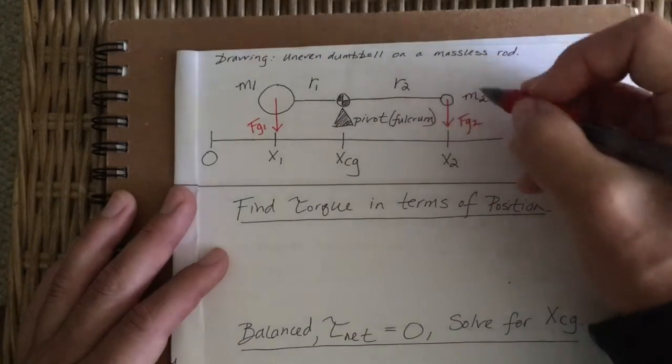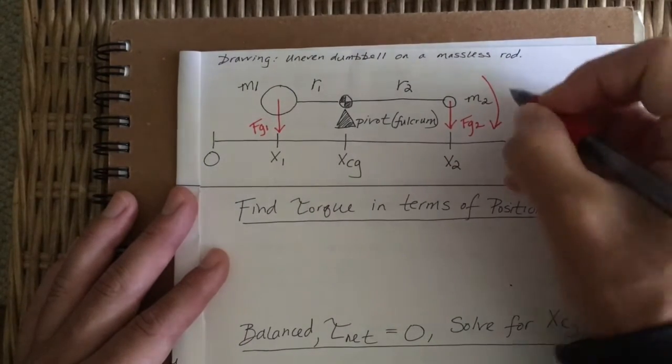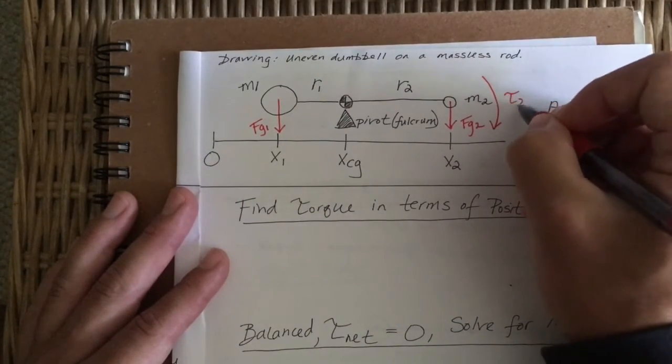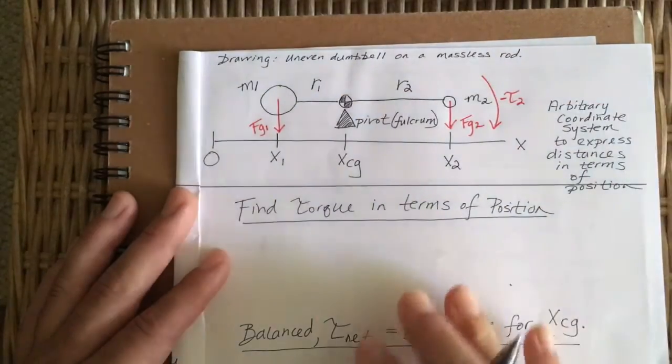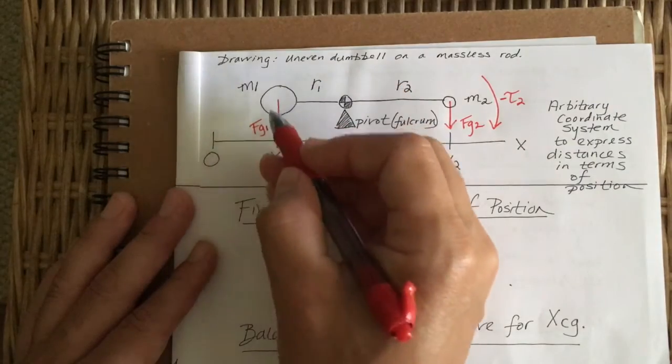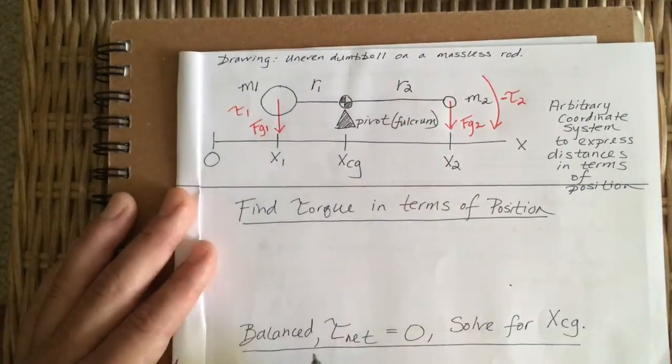We know that this force is going to torque this in the positive direction, and torque 2 is going to be negative. Torque 1 is going to go counterclockwise, so it's positive.